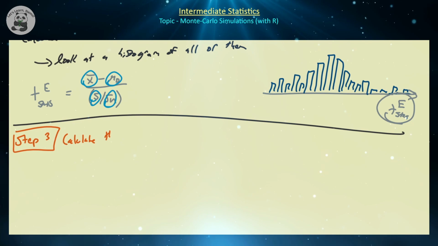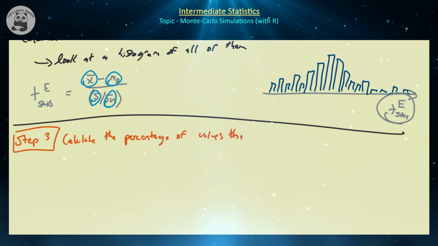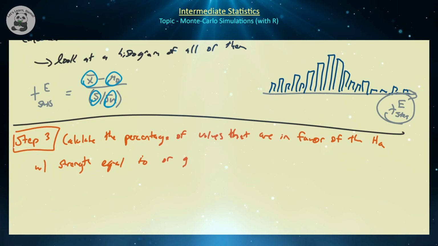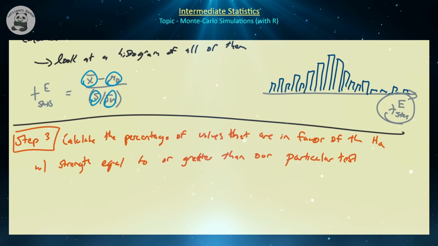So calculate the percentage of values that are in favor of the null hypothesis with strength equal to or greater than our particular test statistic that we originated this problem with, right?